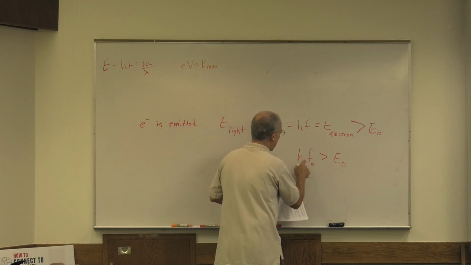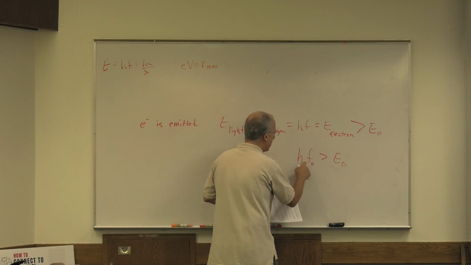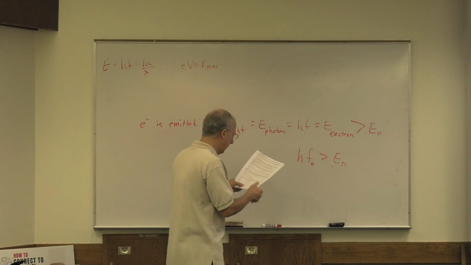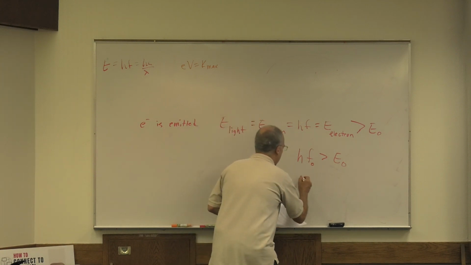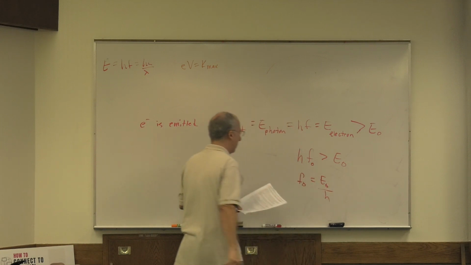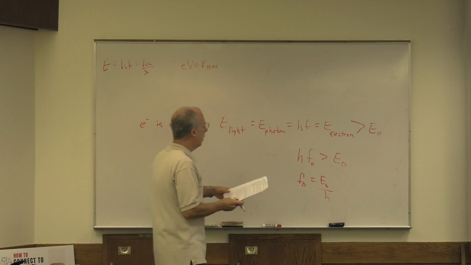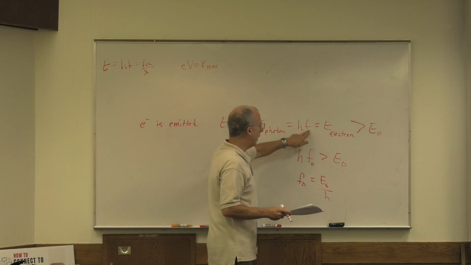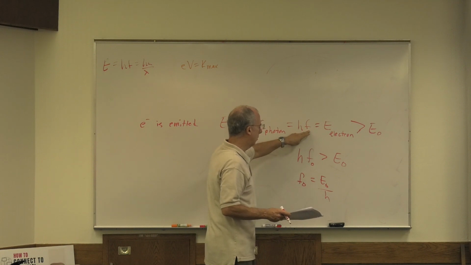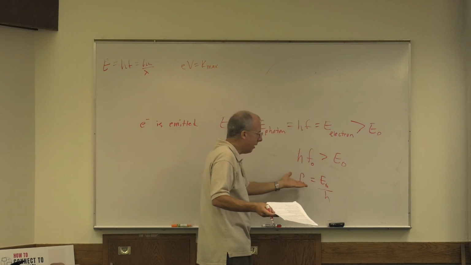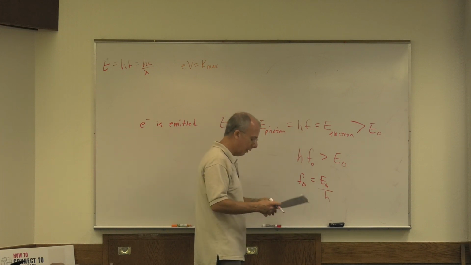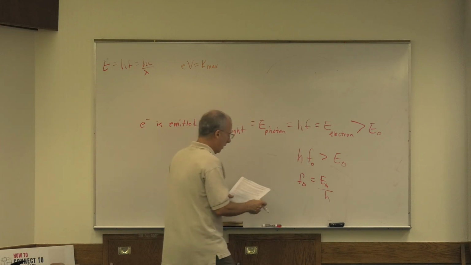So f0 equals E0 over h. If the frequency of the photon is less than the threshold, it's not going to work. If it's greater than the threshold, it's going to work.